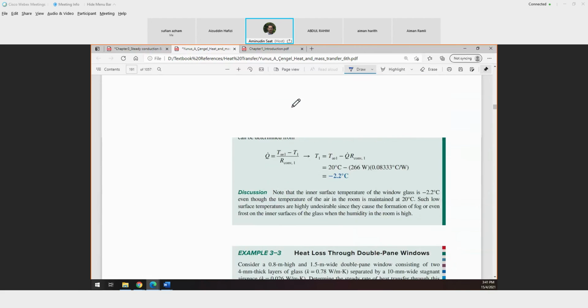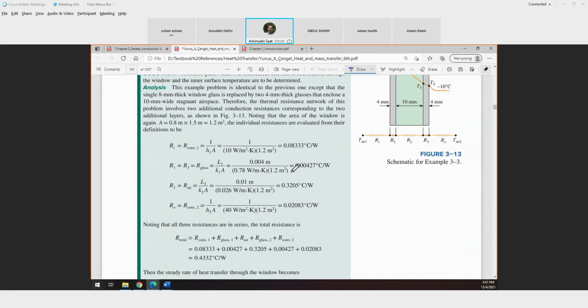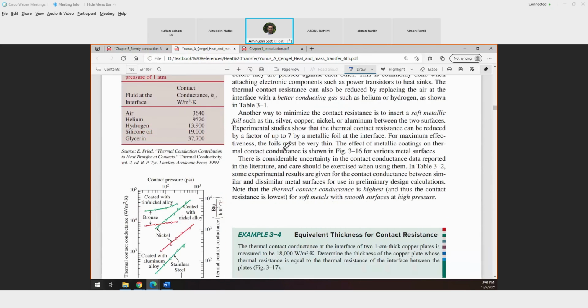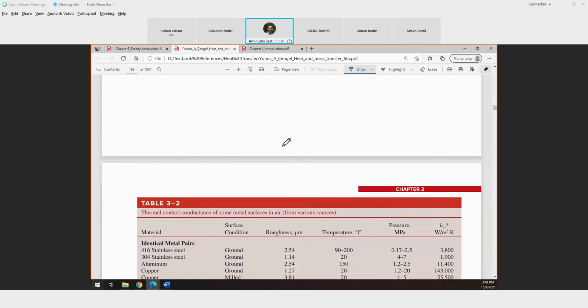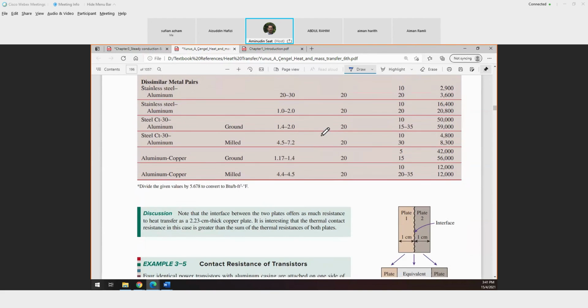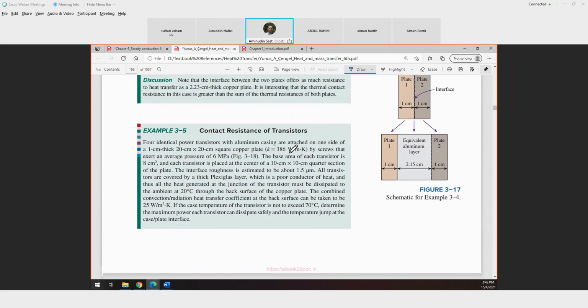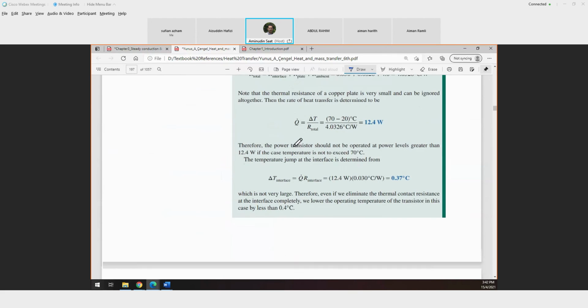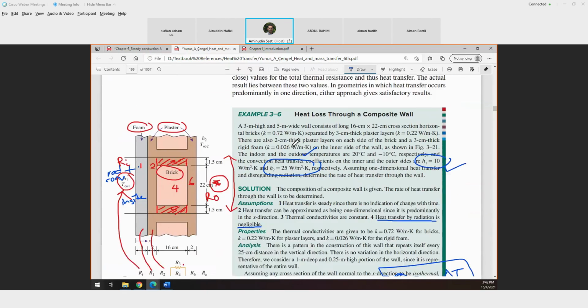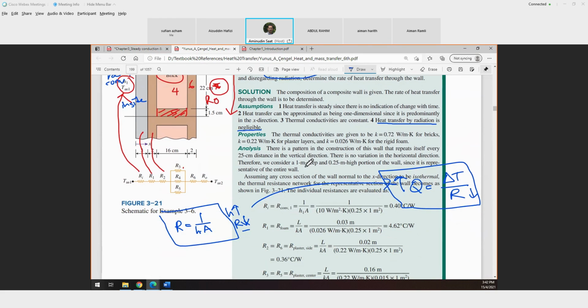Then 3.3 has multiple layers, still in series. 3.4, when you have contact resistance, you can go through this example. 3.5 is not very important for the topic, but you can use it to strengthen your understanding. 3.6 is a combination of series and parallel arrangement. It's a very good example.